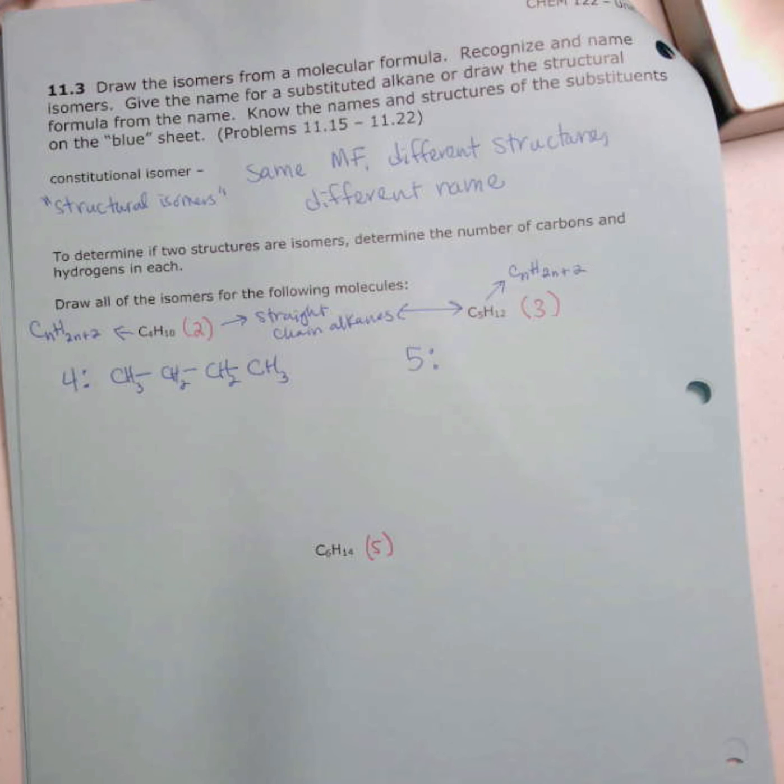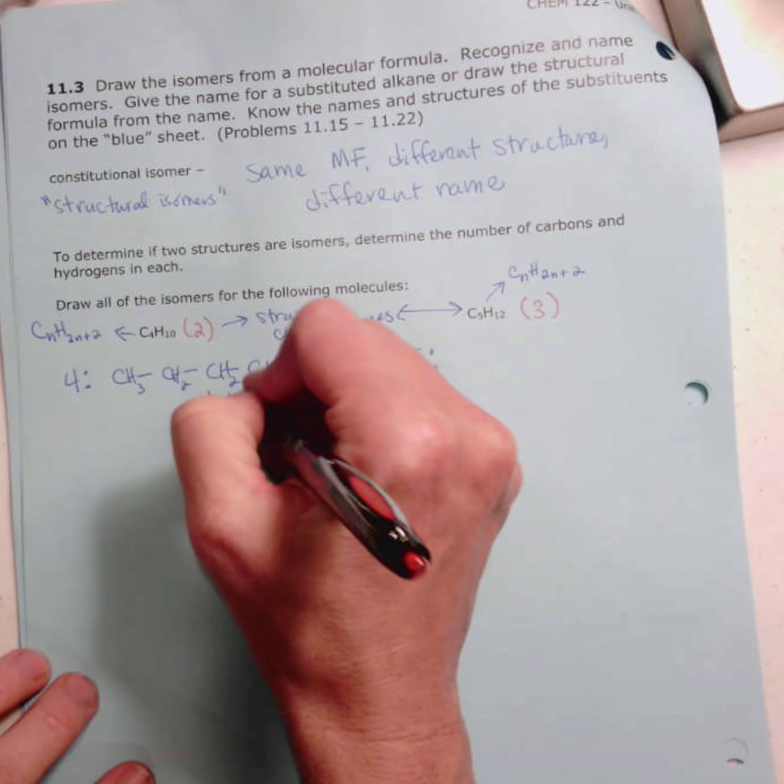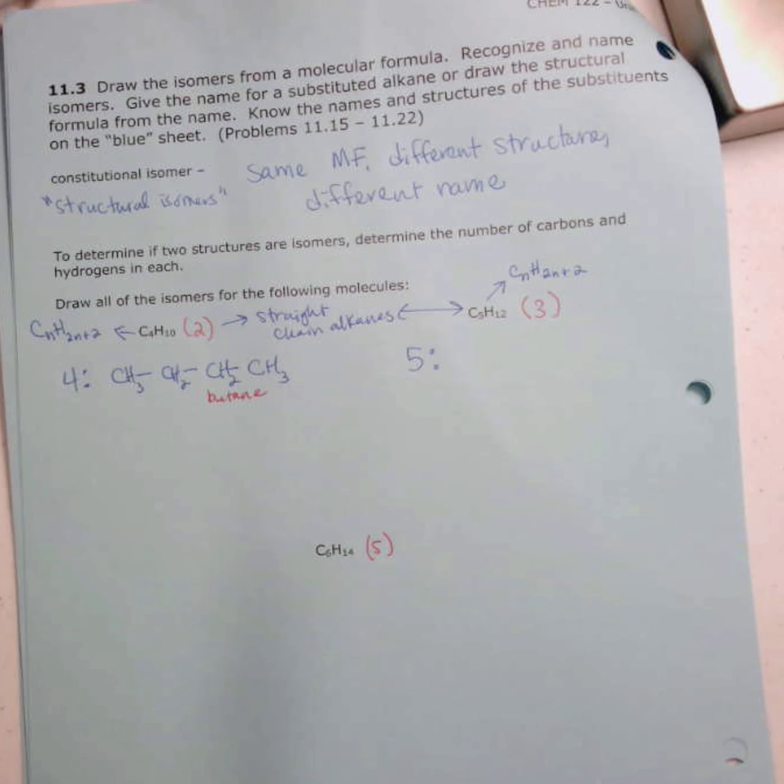So hey, look, it's a straight chain alkane. This is my first isomer, and I'm going to name it. It's called butane. Another tip that I have for students with isomers is to name your isomers even if it doesn't ask for it. The reason I say name it is because you will pick out duplicate molecules easier that way, as long as you're naming them correctly.